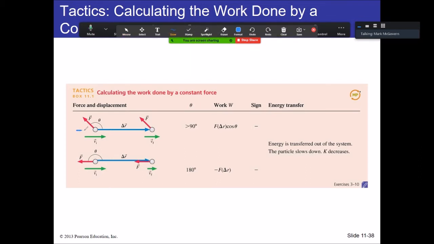So imagine we just continue this, and the angle that's right there, that's your reference angle, and that has the same value as the supplement that's being shown here. But you need to put a negative sign because the force is in the opposite direction. And they're showing that here too. Okay.